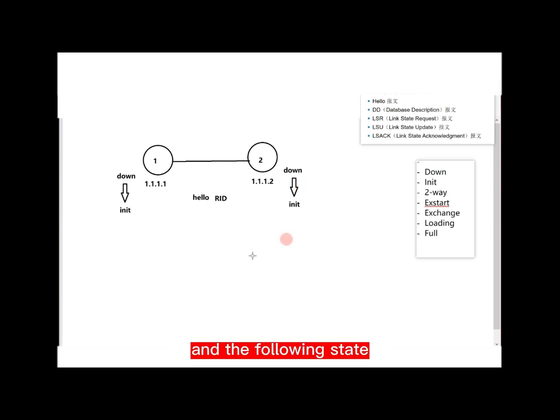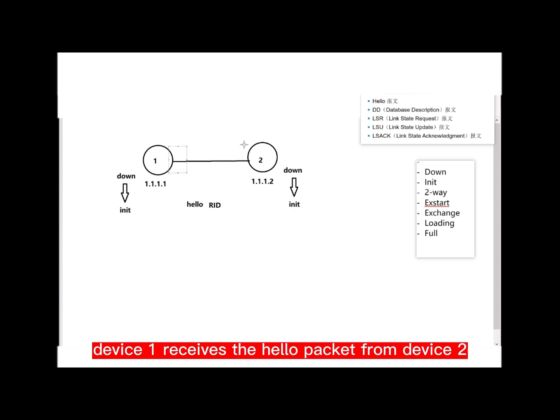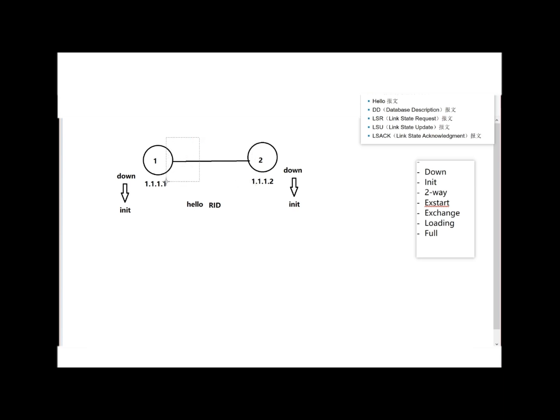And the following state. When the device receives the message for the first time, everyone must first be clear. For example, device 1 sends only itself. Device 2 only sends messages to itself. Then at a certain moment, device 1 receives the hello packet from device 2.